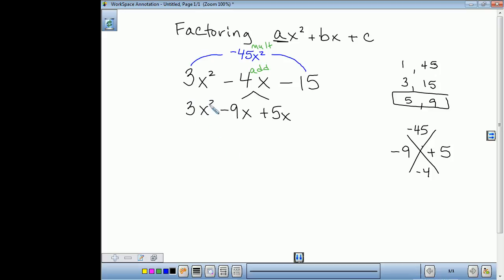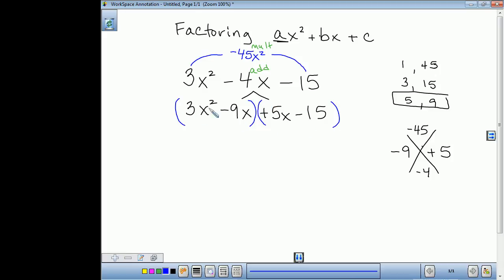So we didn't change the value of this expression at all, because negative 9 plus 5 is negative 4. We just created a 4-term expression. And the reason we did that is so we can factor by grouping, just like we did on those last two problems on your worksheet.